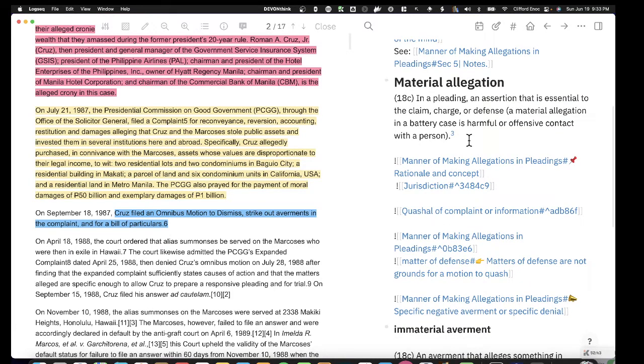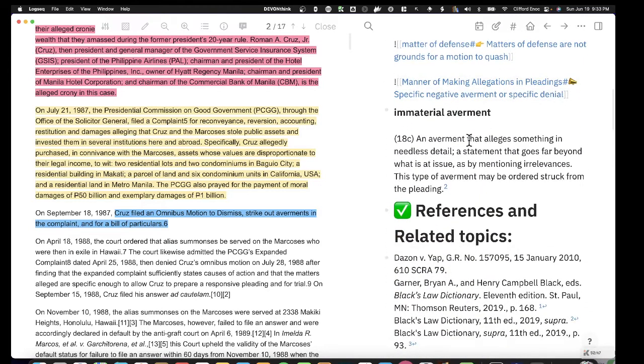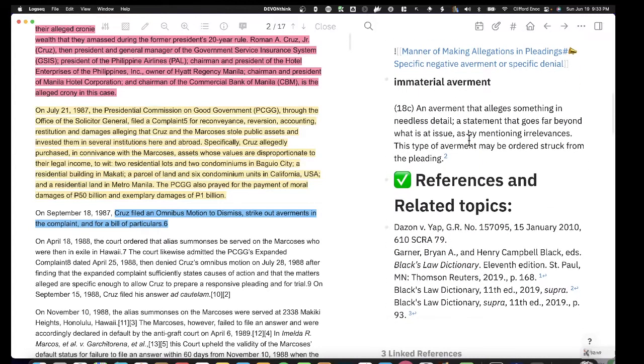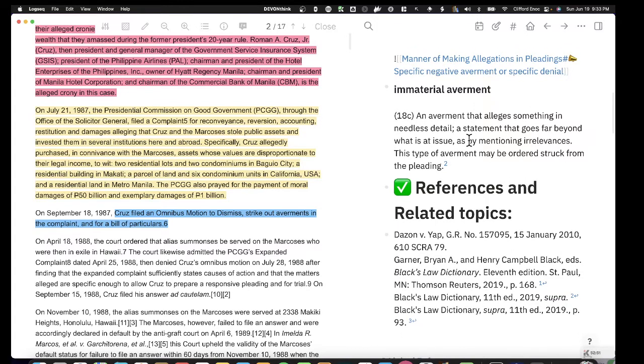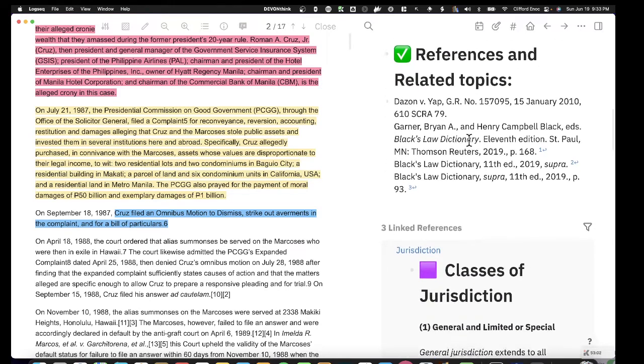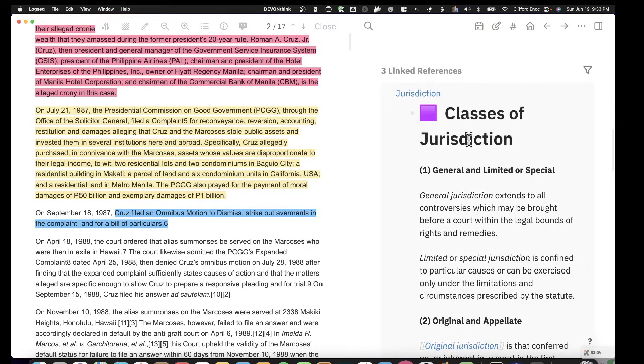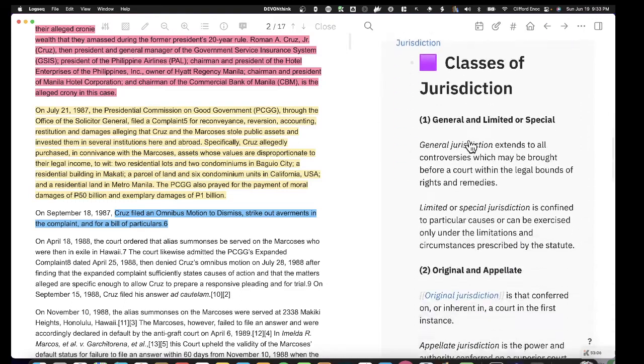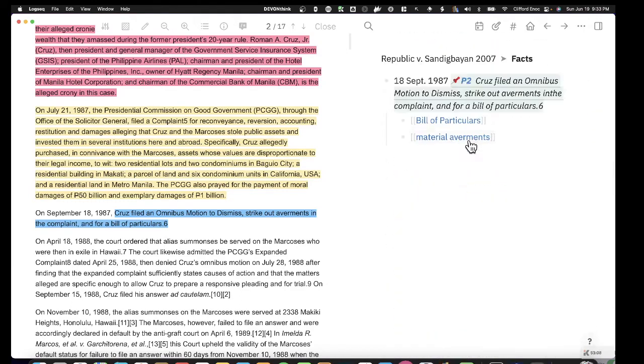A material allegation in a battery case is harmful or offensive contact with a person. So if it's immaterial, it alleges something in needless detail, a statement that goes far beyond what is at issue by mentioning irrelevances. This type of averment may be ordered struck down from the pleading. Okay, so clause of jurisdiction, I have linked references. Let's go back. So, averment sa complaint.